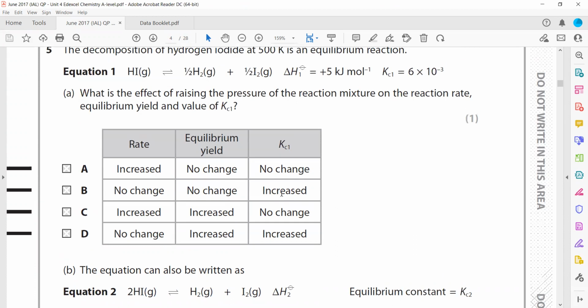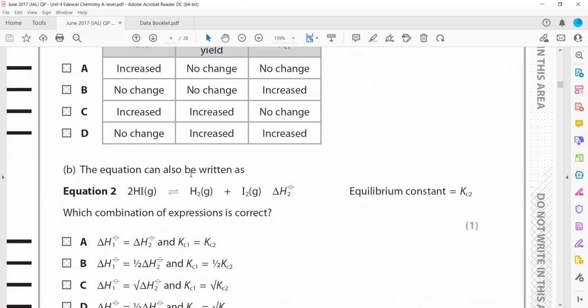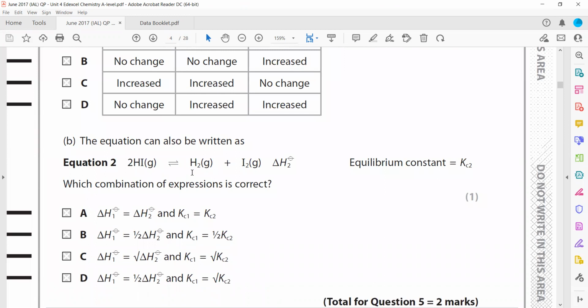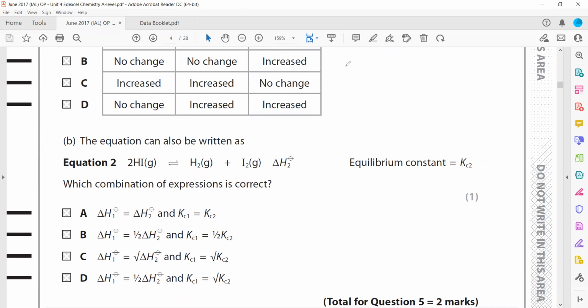So the enthalpy change for the first reaction is delta H1. For the second reaction, 2 moles are there, delta H2. So basically it will be double, or we can say delta H2 will be equal to twice of delta H1.